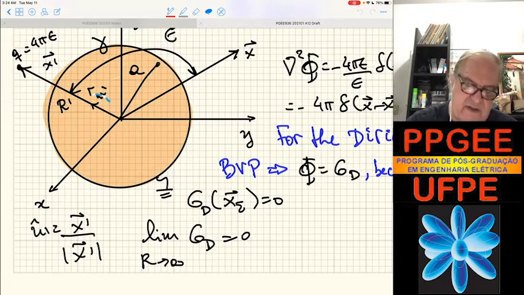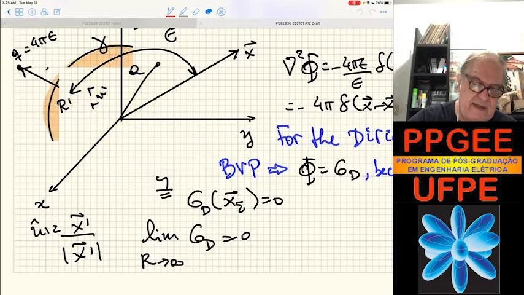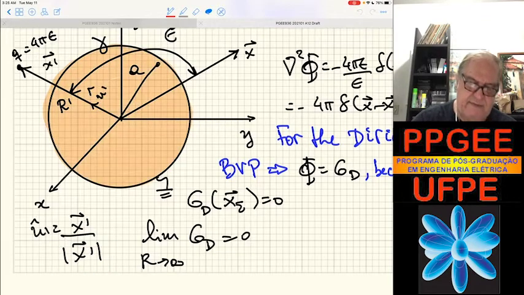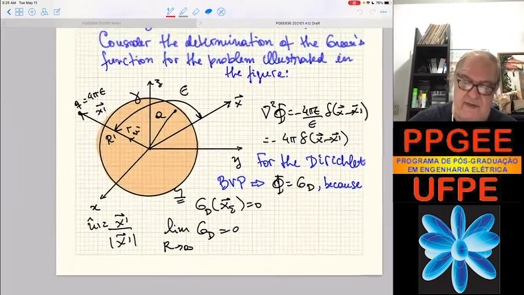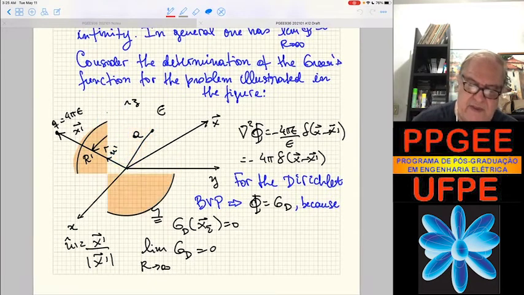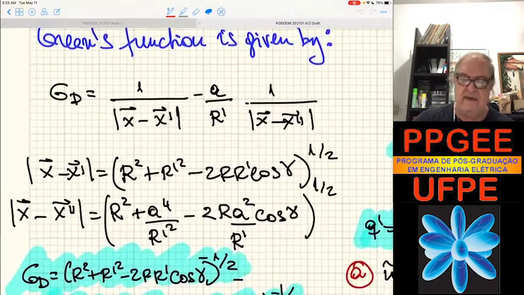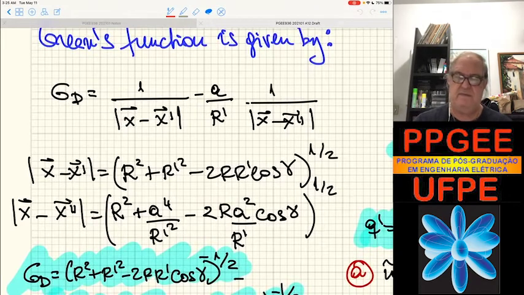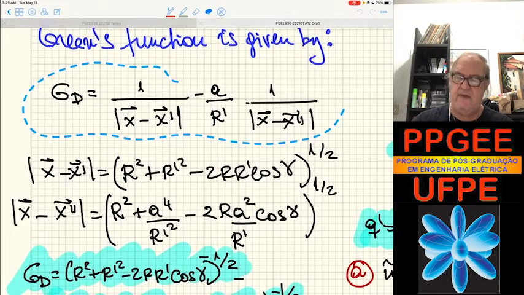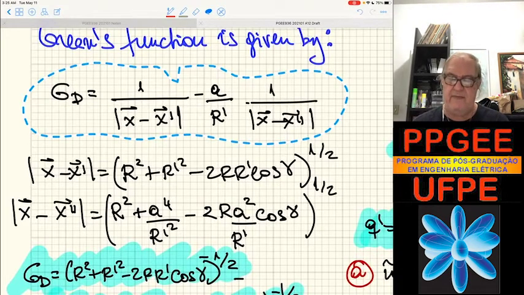Let's call this versor here u prime, which is x prime divided by its magnitude. The angle between x and x prime equals gamma. We already solved the problem, it's just a matter of putting the 4 pi epsilon in place of q. Then we have the Green function for the sphere for the Dirichlet boundary value problem.